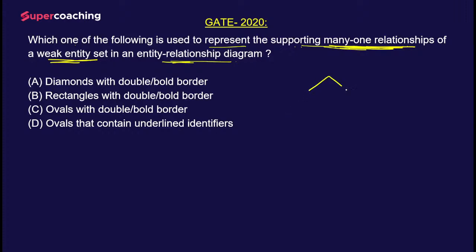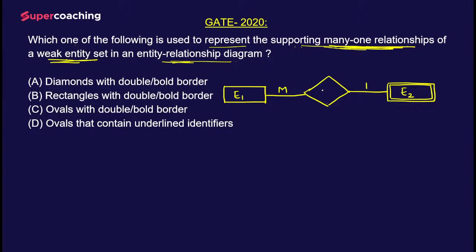Let me construct here. Many-to-one relationship with one of the entity as the weak entity. This is entity 1, this is entity 2, and one of the entity is the weak entity set. So how will this relationship be represented?